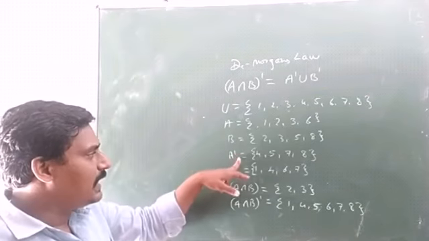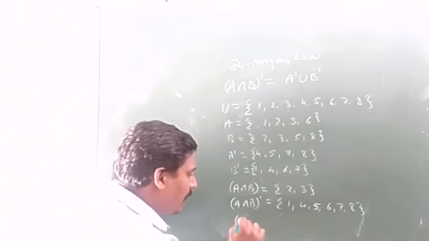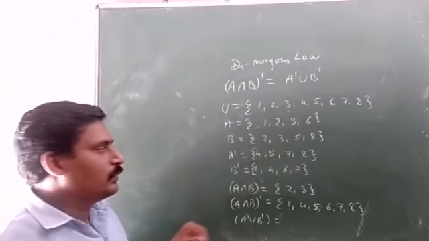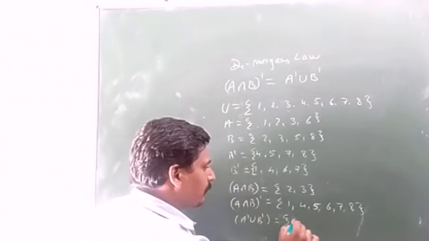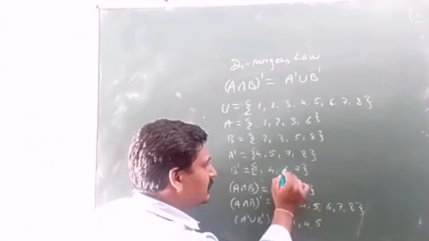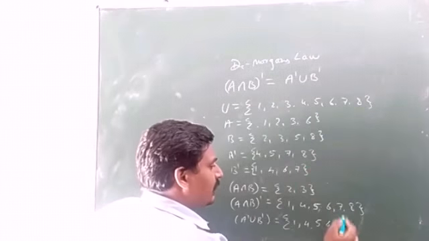Now let us find A' union B'. A' union B' is equal to: taking A' and B' together, 1, 4, 5, 6, 7 and 8.